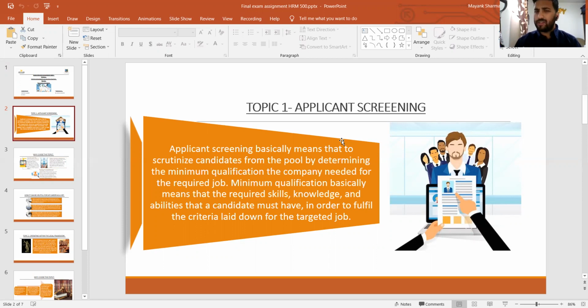The minimum qualification means the required skills, knowledge, and abilities that a candidate must have in order to be the perfect person for that role. So this is what applicant screening is.